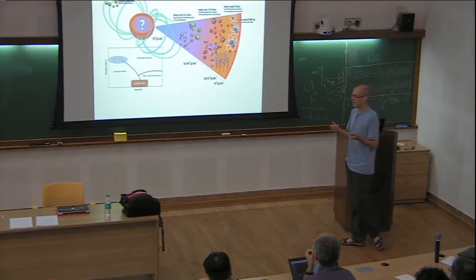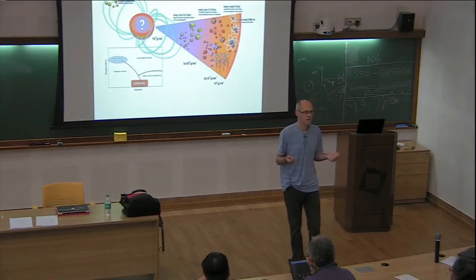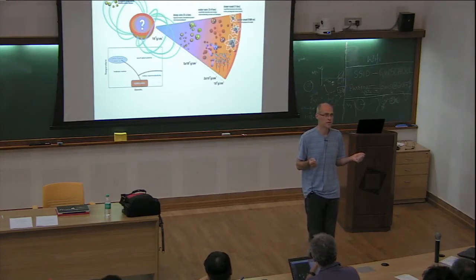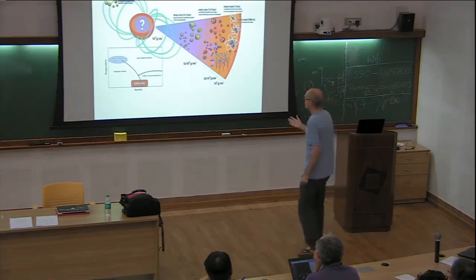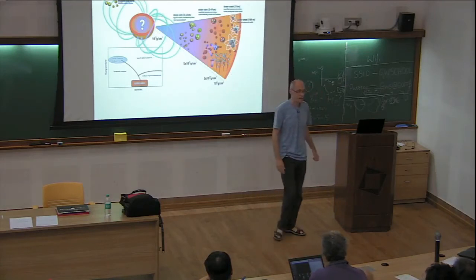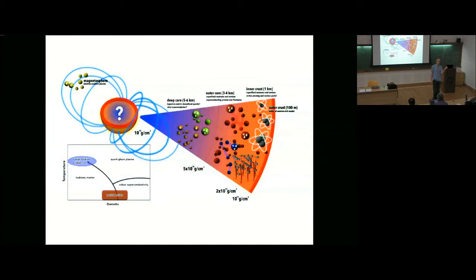Well, we know that it involves nuclear physics that we cannot test in the laboratory. We know that it involves many different states of matter. Okay? We know that when we start from the surface, we basically have iron. And as we go deeper, we get more and more neutron-rich nuclei.